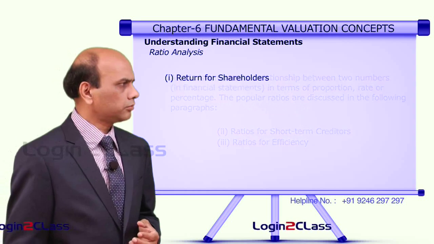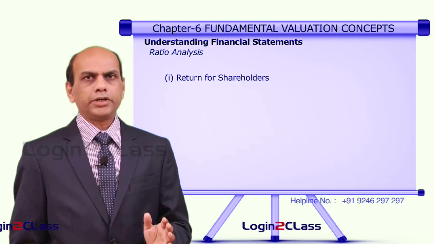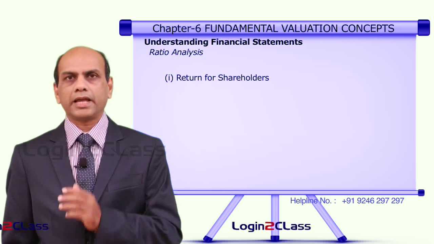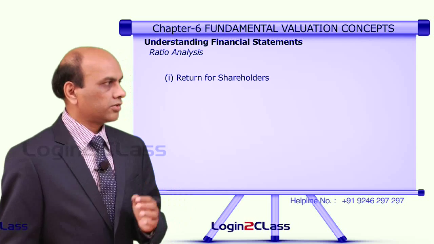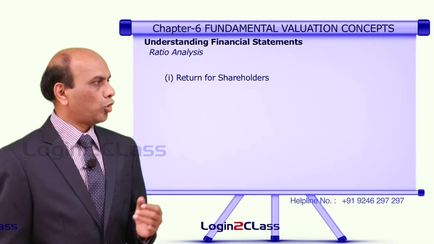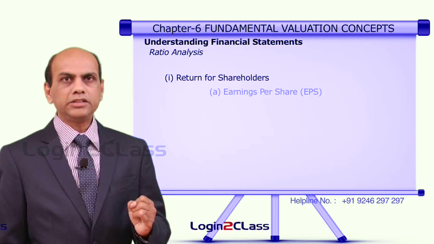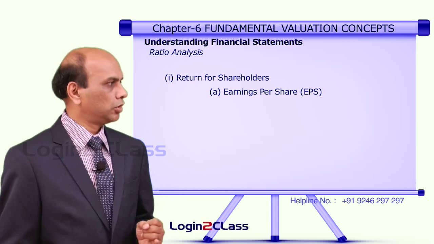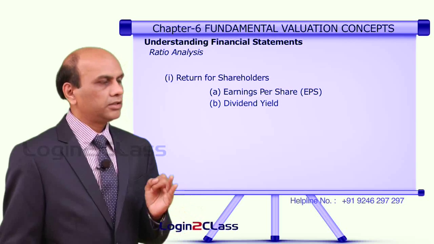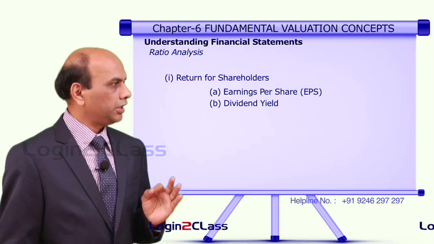Now, let us get into the return for shareholders category of ratio analysis. In this, we will be discussing 1. Earnings per share, popularly known as EPS. 2. Dividend yield. 3.